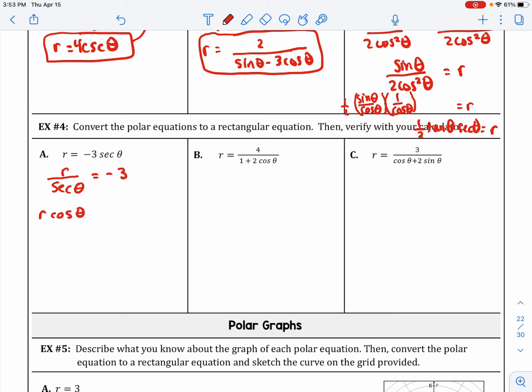If we move the secant into cosine over 1, because it's 1 over secant, you can see that r cosine theta is going to be your x value. So this is the same thing as the vertical line, x equals -3. If we put r equals -3 secant theta into our calculator, it's going to graph this vertical line that goes through -3.